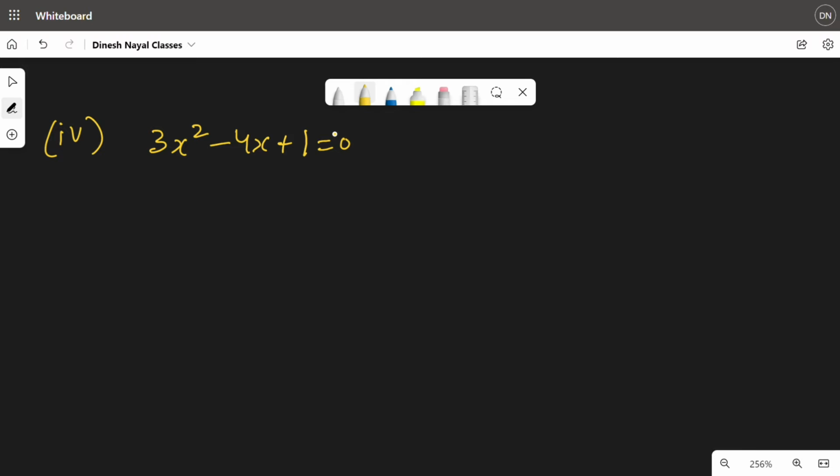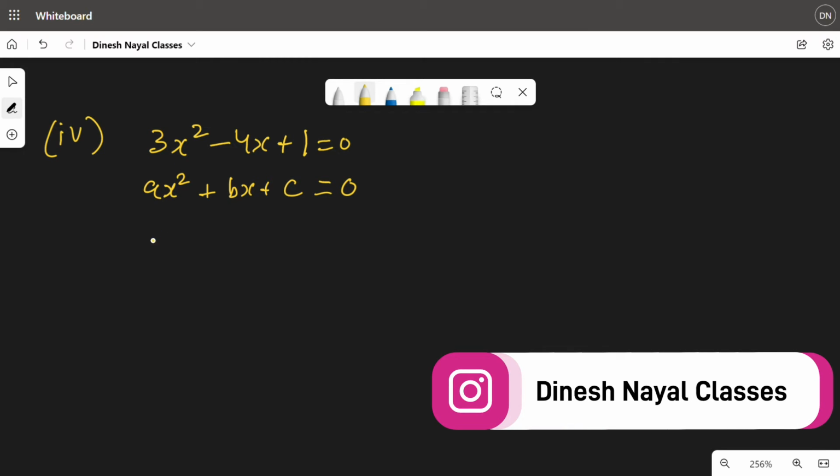Now again comparing it with the general equation, ax square plus bx plus c equals 0, we get a equals 3, b is minus 4 and c equals 1.